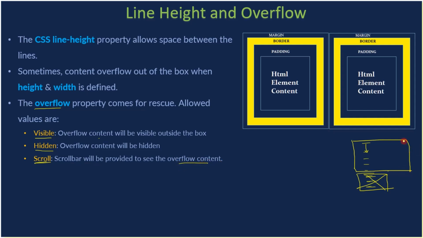So here width and height will remain same, but a scroll bar will be provided, and you can scroll through the content to see the overflow stuff. So when you specify auto, scroll bars will be added only when needed. If you specify scroll, the scroll bar will be presented always, but if you specify auto, the scroll bar will be visible only when the content overflow occurs.